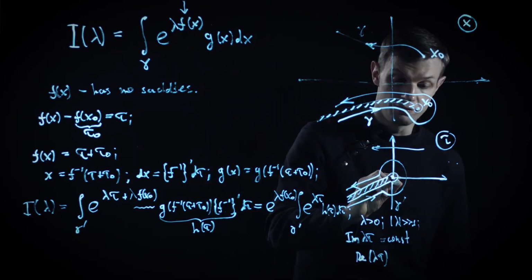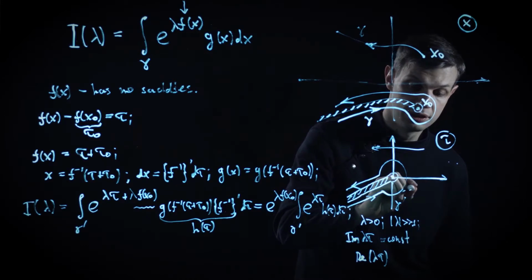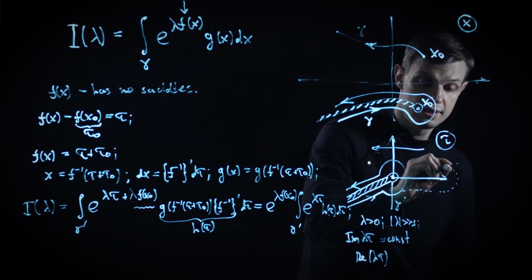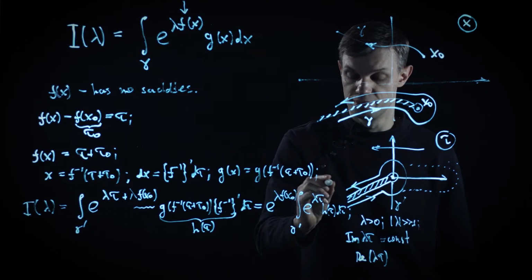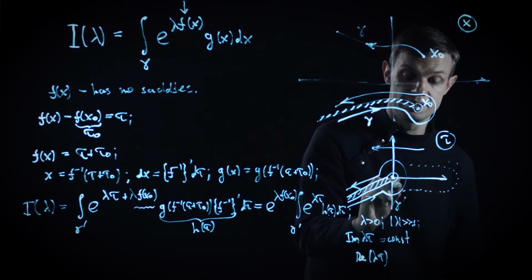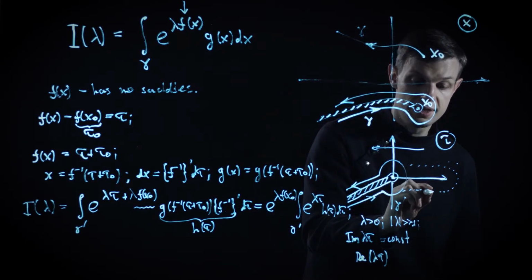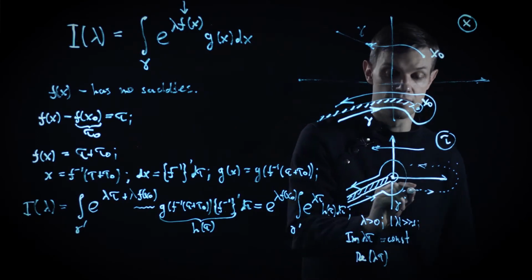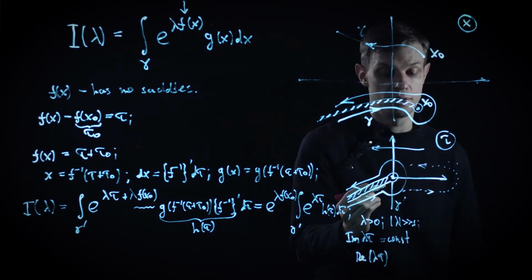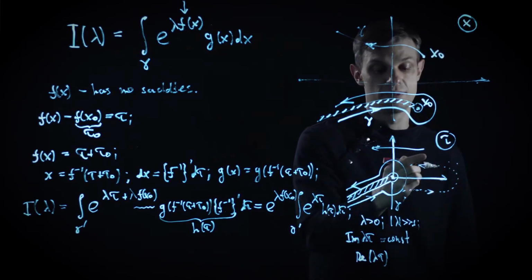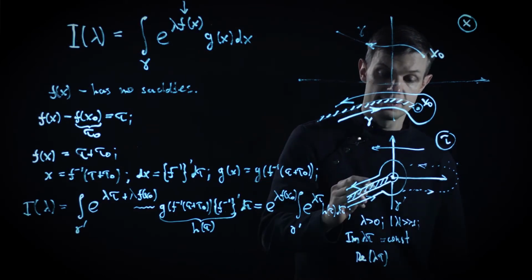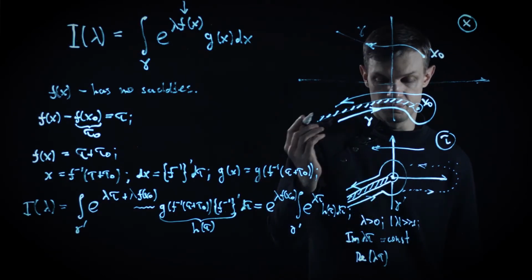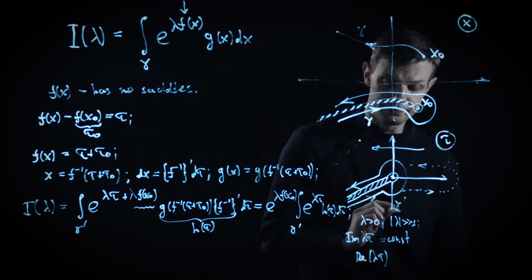It's like a plane inclined in this direction. For example, we could deform the contour like this, where the exponential function is great. But since there is no branch cut here, these contributions to the integral will cancel each other when we go to the right and return from the right to the left. So it is the vicinity of this point which makes the essential contribution.